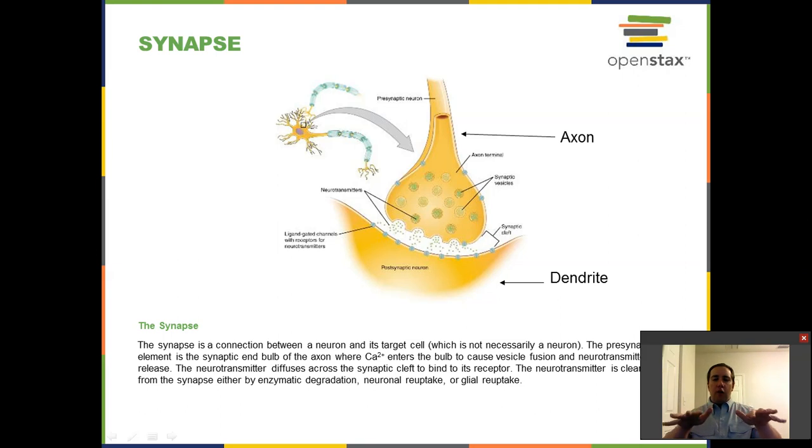It then floats across the synaptic cleft, binds to ligand-gated channels on the dendrite, causing the voltage to come up a little bit until it hits a threshold, and then it spikes and the next neuron fires. And so we get that pattern repeated over and over again. We get an action potential that moves down the axon, causes the release of neurotransmitter, which causes ligand-gated channels to open on the next one, causes the voltage to come up, and then we spike.